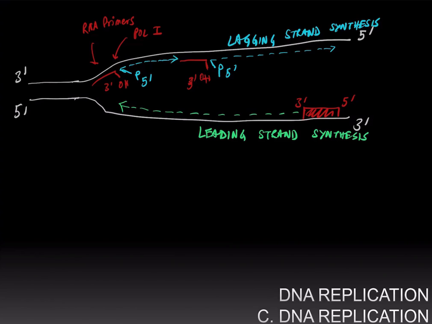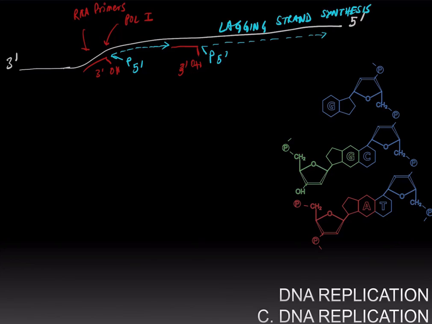And the situation looks something like this, where over here we have the template strand, and here is the DNA, the new DNA that has replaced the RNA primer, and over here we have the end of the Okazaki fragment.